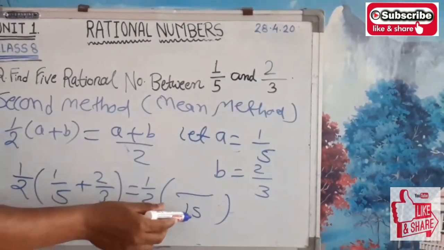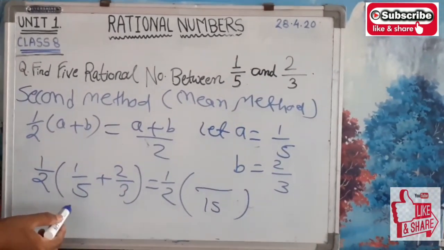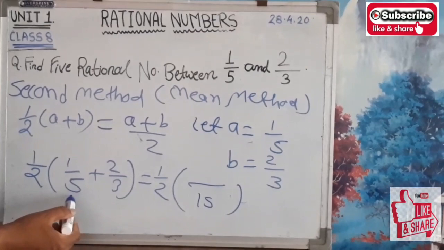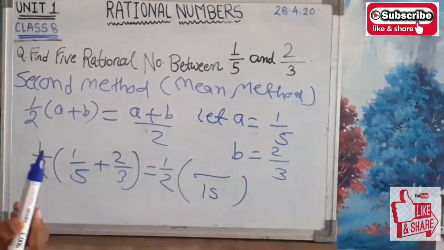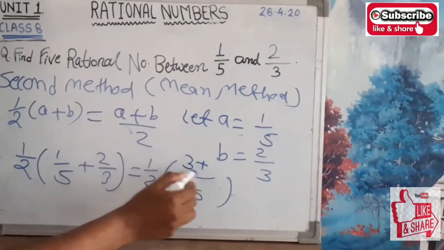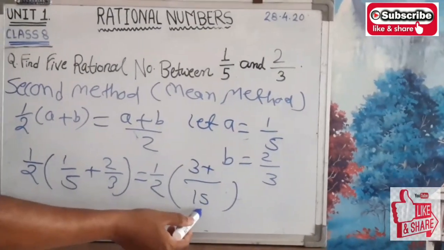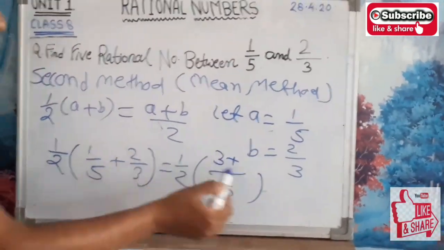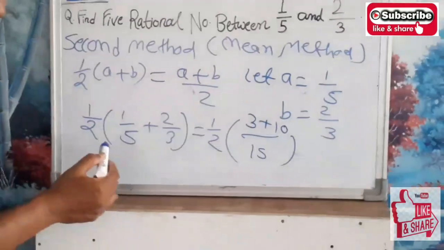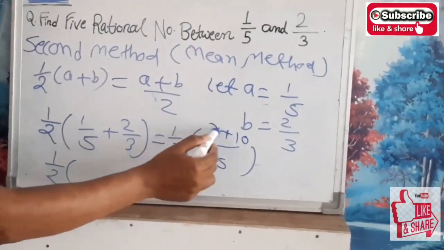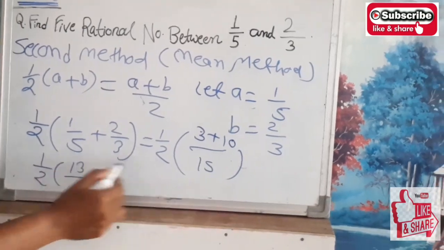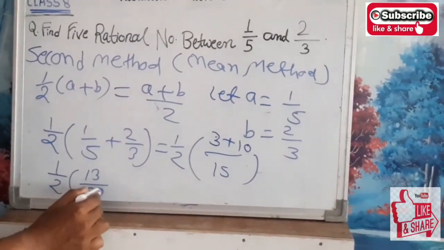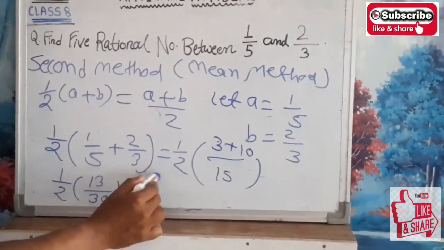After getting the LCM, divide by the denominator and multiply by the numerator. 15 divided by 5 is 3, multiplied by 1 is 3. 15 divided by 3 is 5, multiplied by 2 is 10. Now half of (3 plus 10) is half of 13 by 15, which is 13 by 30.